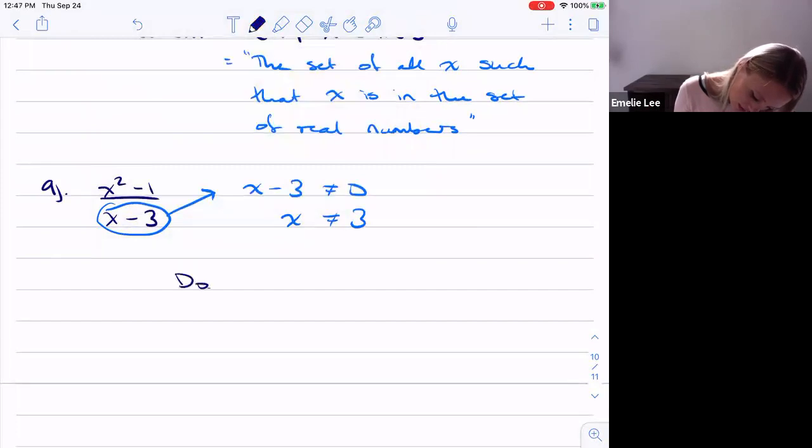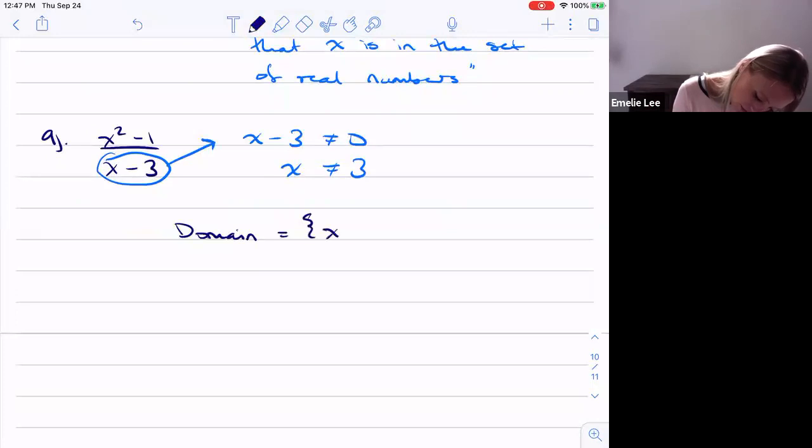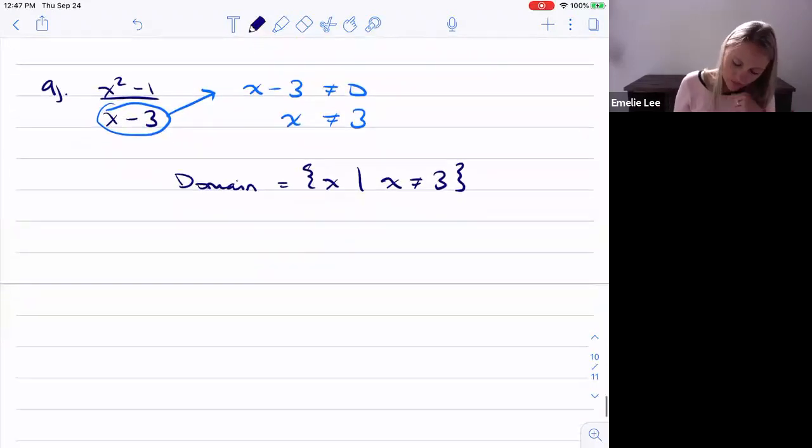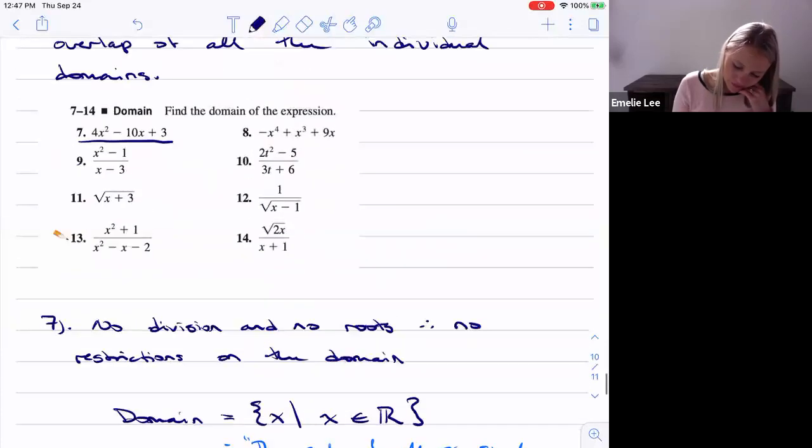So what we say is the domain is the set of x's such that x is not equal to 3. And then it's implied that it's all real numbers except if x is equal to 3. Then I have to pull that out. Same idea for 10.